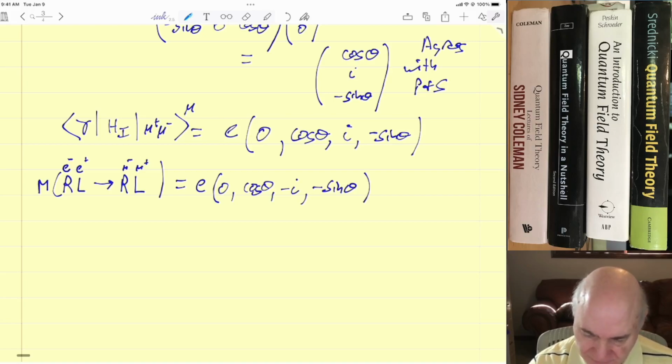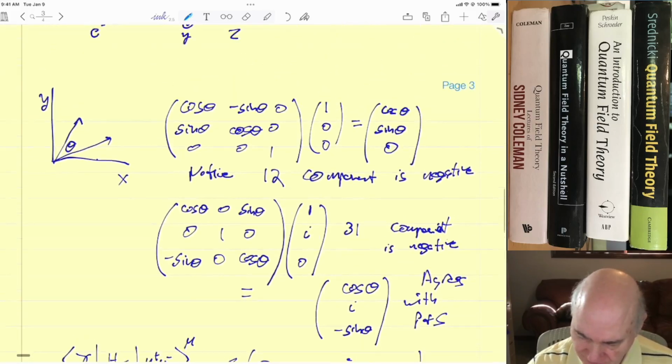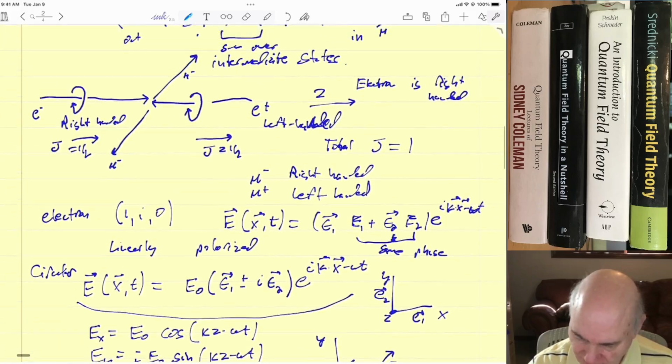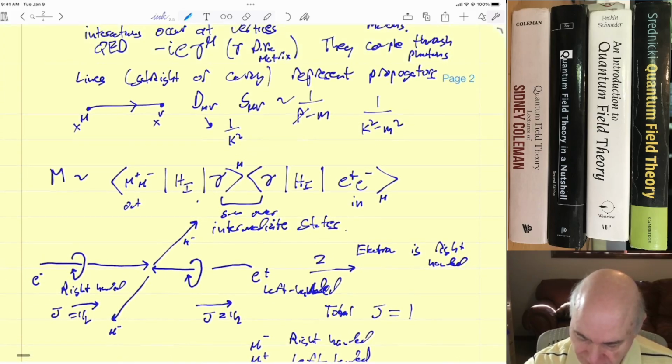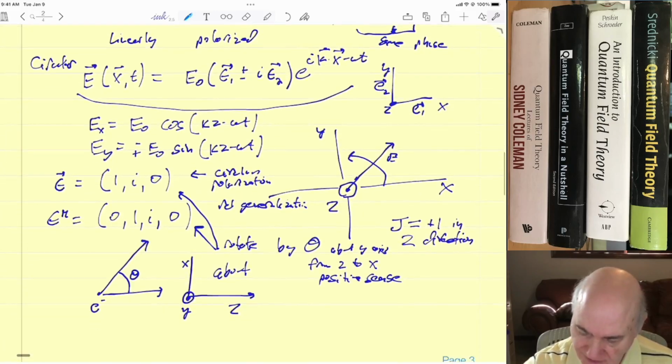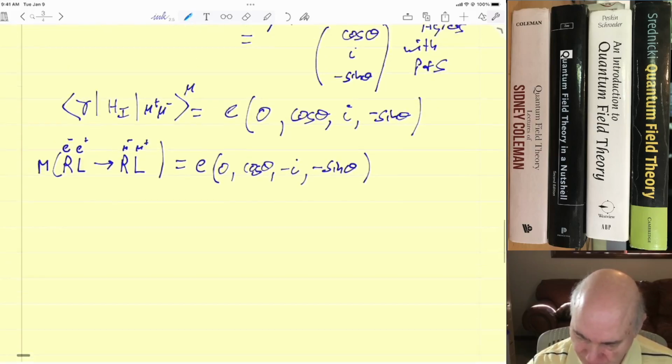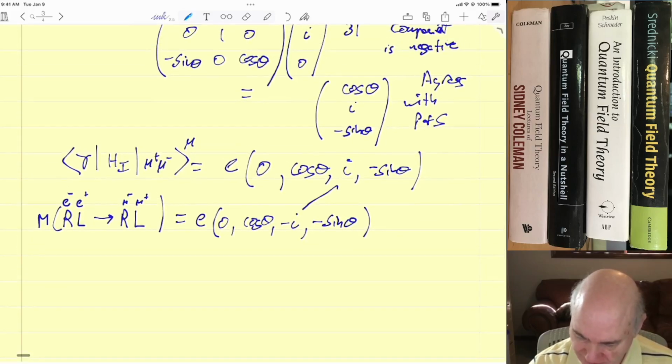When we take the dot product of the matrix elements, the muon is like this way. It's the Hermitian conjugate, so we have to take the complex conjugate of what we had. That's why the i goes to minus i, minus sine theta. And then we take the 4-vector dot product of special relativity, E, 0, 1, i, 0. So this is equal to E squared.